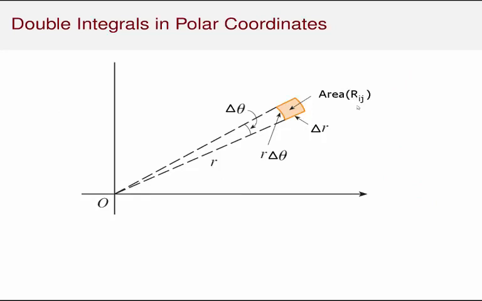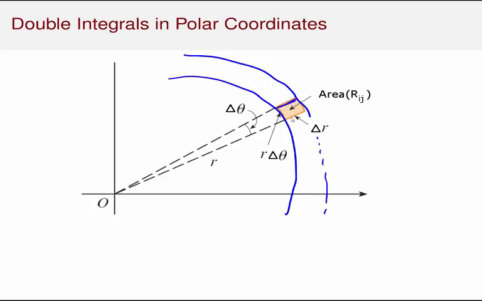Now every region Rij is bounded by two adjacent circles and two adjacent rays. The smaller circle has radius r, and the larger one has radius r plus delta r. So the length on the side of this region is precisely delta r. Now, in order to work out the area of Rij, we shall need to determine the length of this little subarc over here.